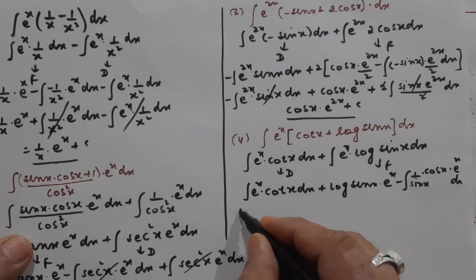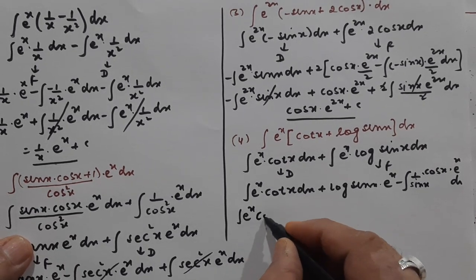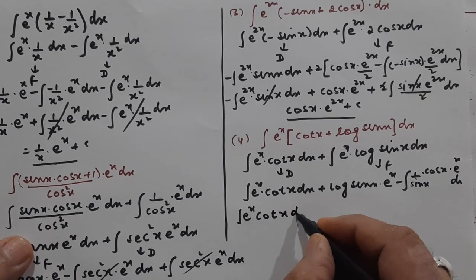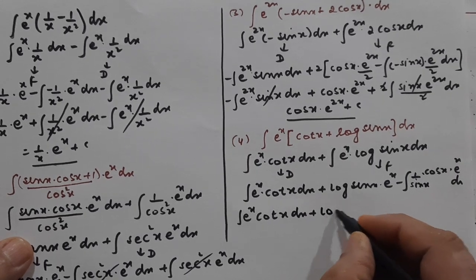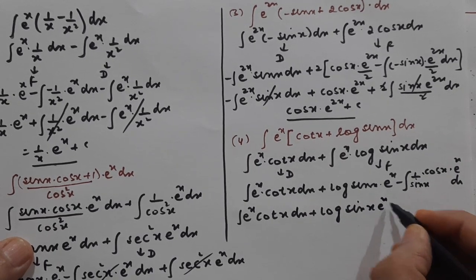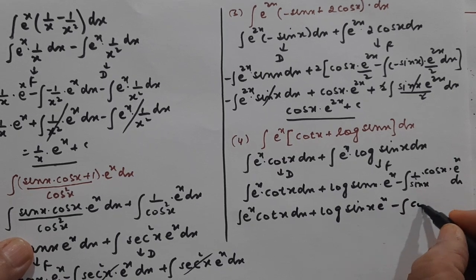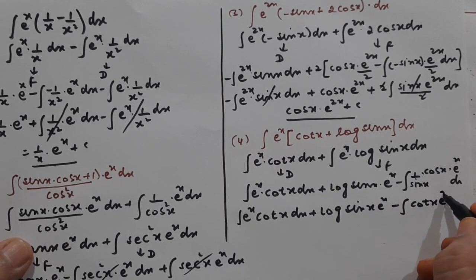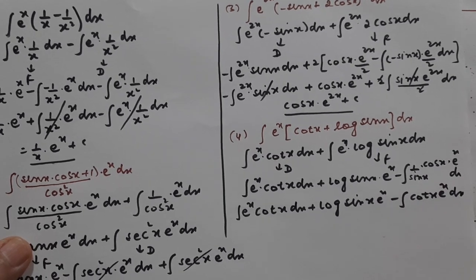So what we get? e power x into cot x dx plus log sin x into e power x minus cot x into e power x dx.